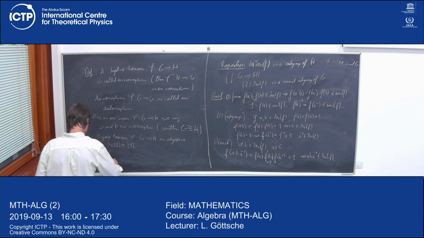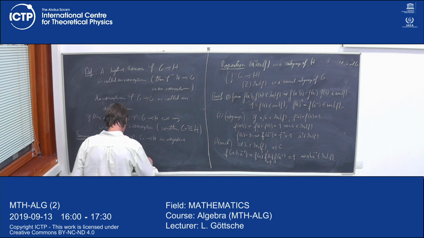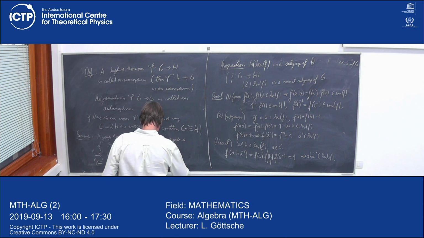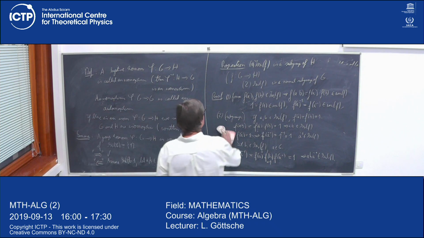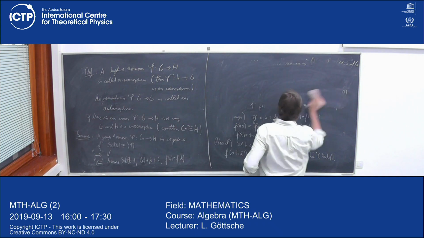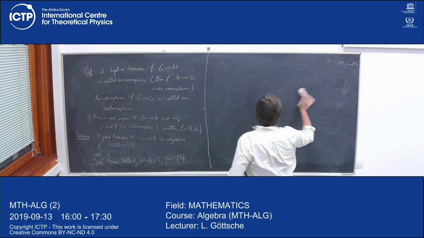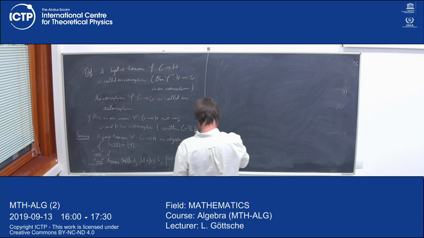So we assume the kernel of φ is equal to 1. Let a and b be elements in G such that f of a is equal to f of b. We have to show that a is equal to b. Well, it should be clear.